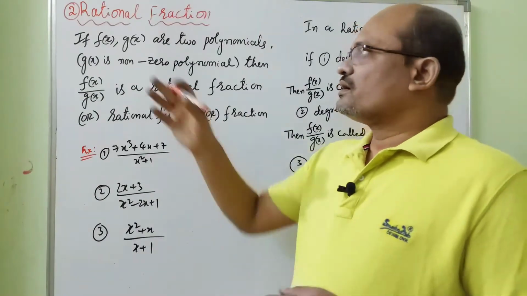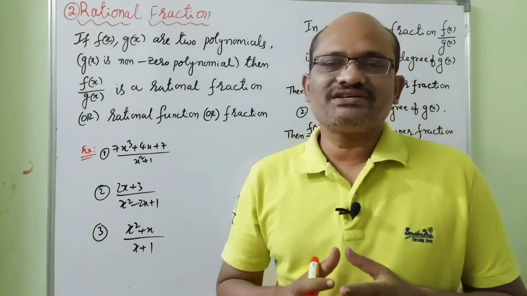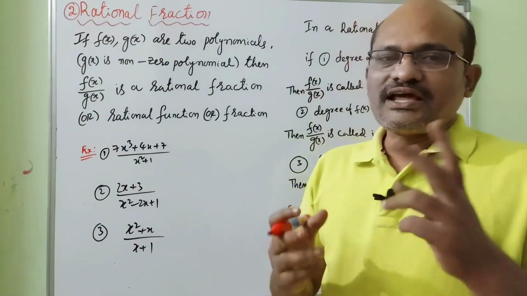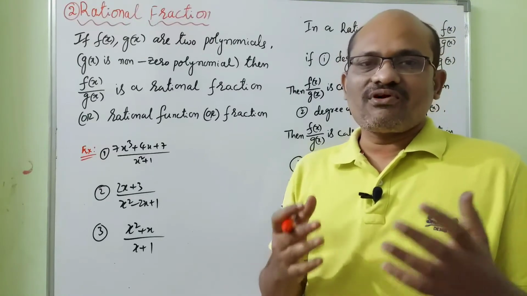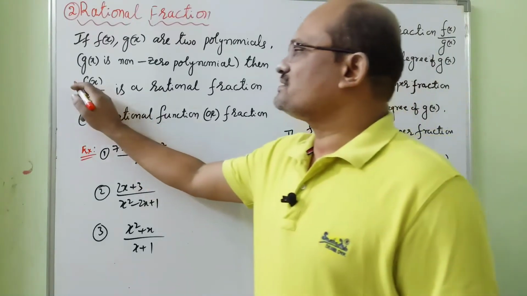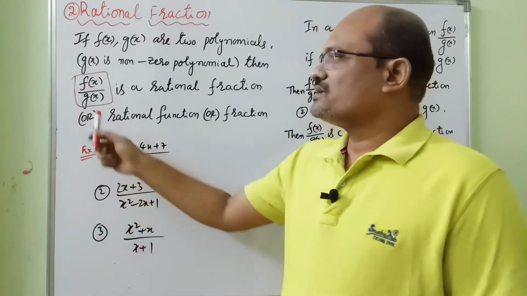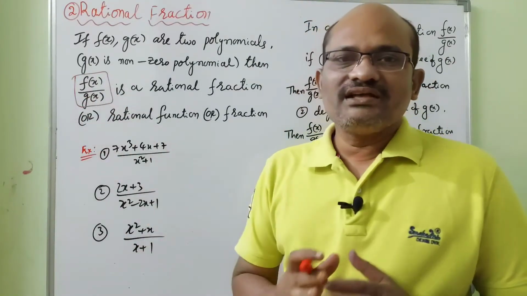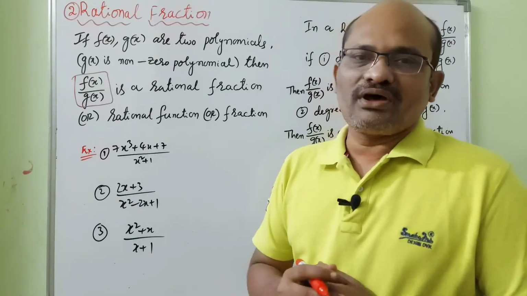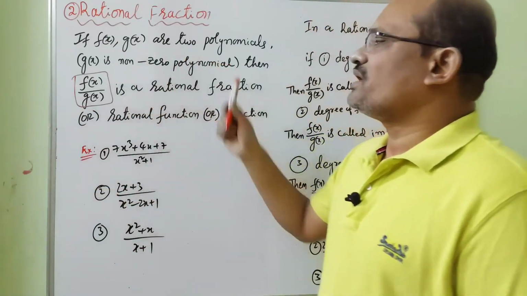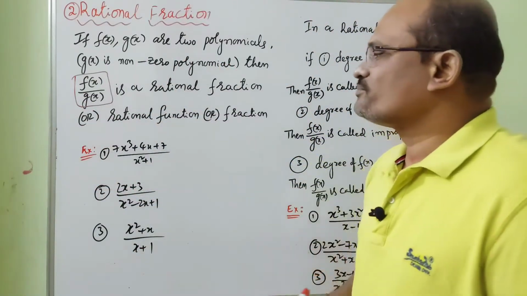The rational fraction definition can be explained like this. Take two polynomials, say f of x and g of x. Write in the form f of x by g of x. But remember, g of x should not be a zero polynomial. It should be a non-zero polynomial. That one you have to remember.